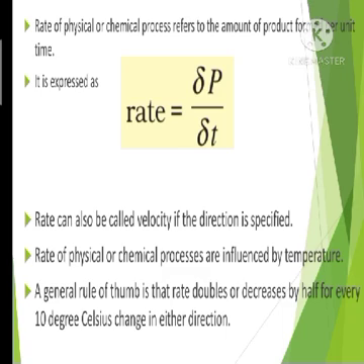When the temperature is increasing or decreasing by 10 degrees Celsius, accordingly the rate of reaction will double or decrease by half.